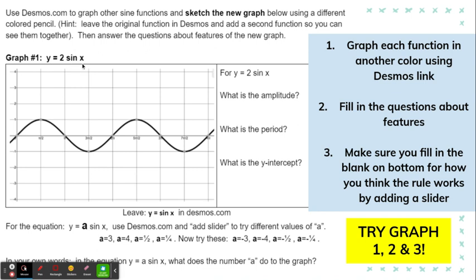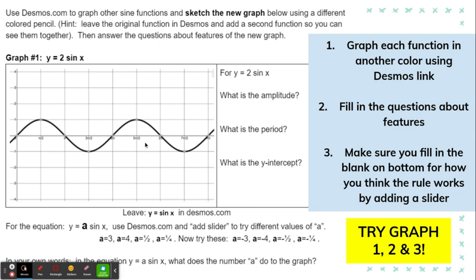When you type this in, it is going to graph this for you so that you can see what this looks like. So graph the original y equals sine x and graph in a different line y equals 2 sine x on the same graph so that you can see what's different, okay?